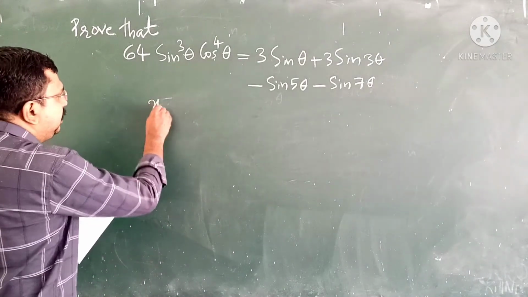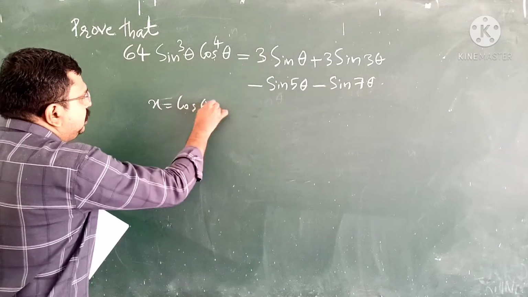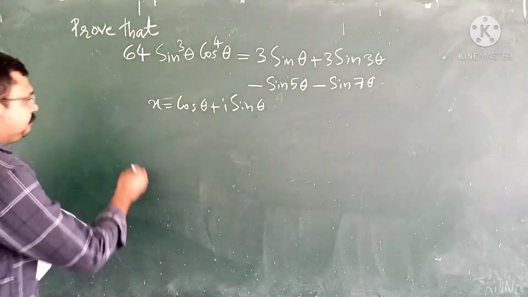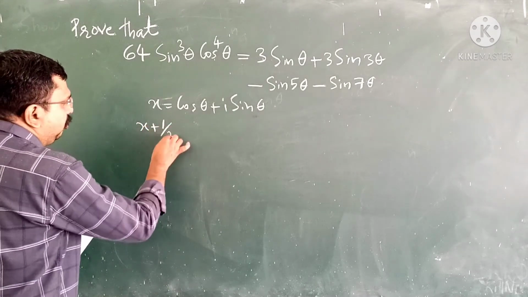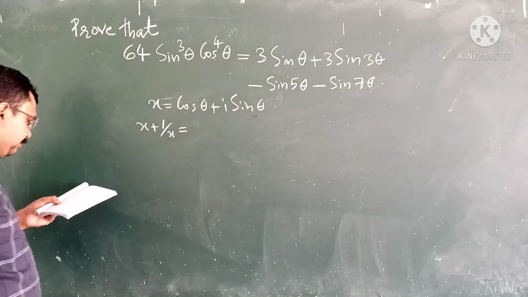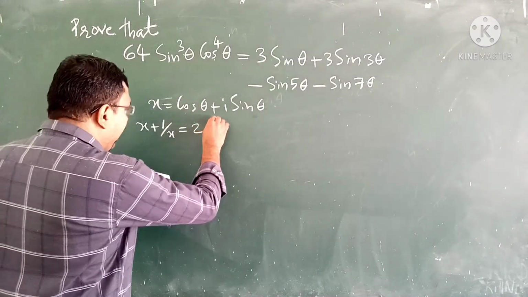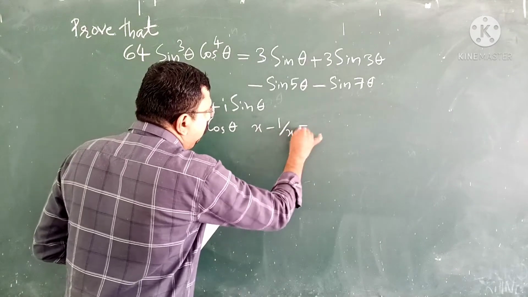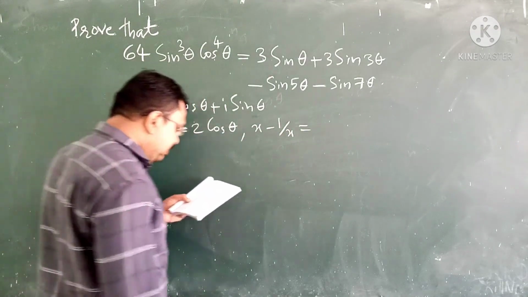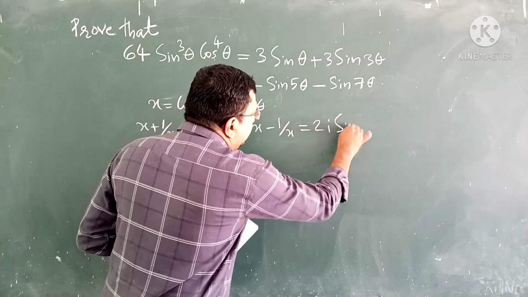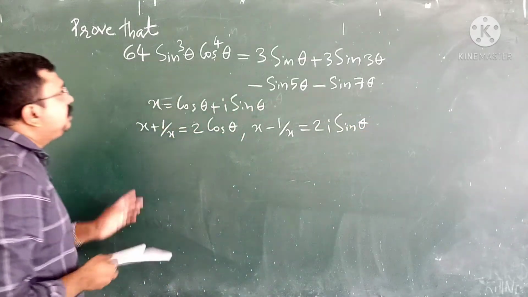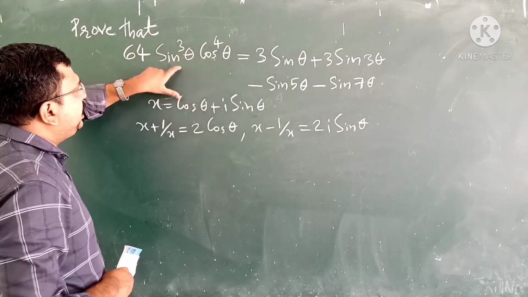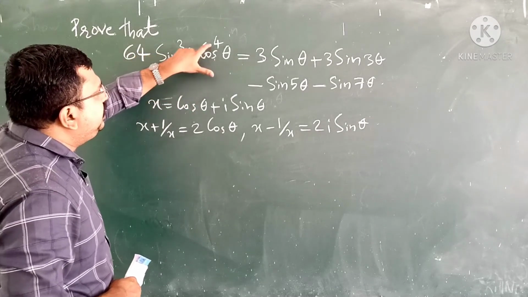Remember that x equal to cos theta plus i sin theta. Then we can write x plus 1 by x equal to 2 cos theta and x minus 1 by x equal to 2i sin theta. Therefore, here sin cube and cos raised to 4.